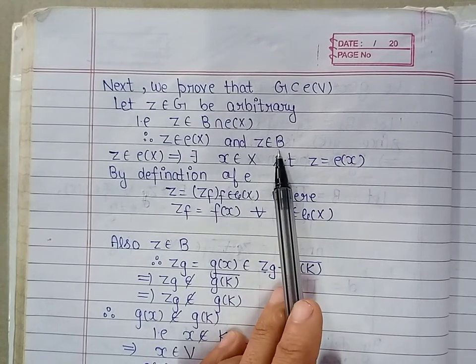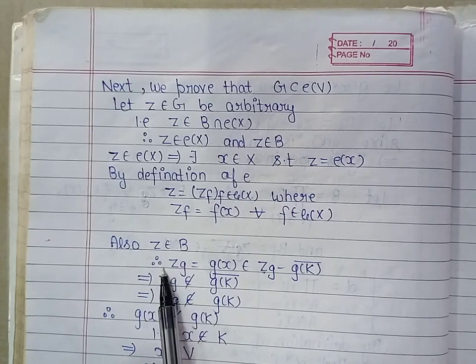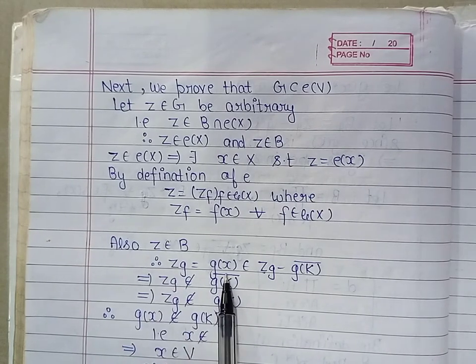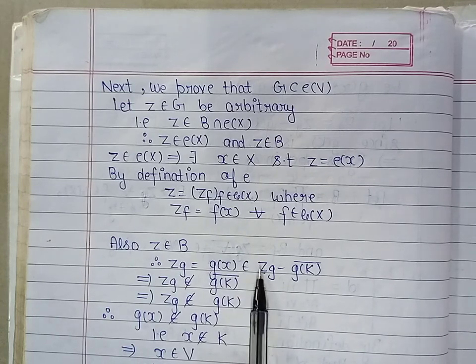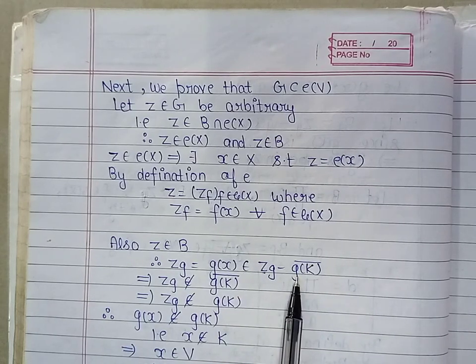Now from here, because Z belongs to B, the g-th coordinate of Z belongs to Z_g minus the closure of g(K).